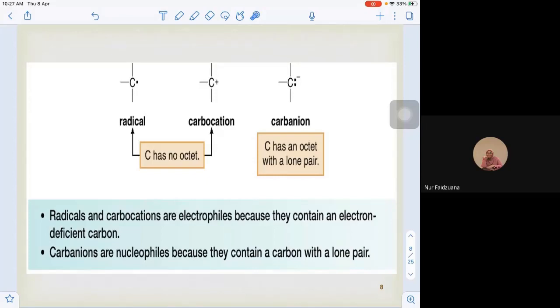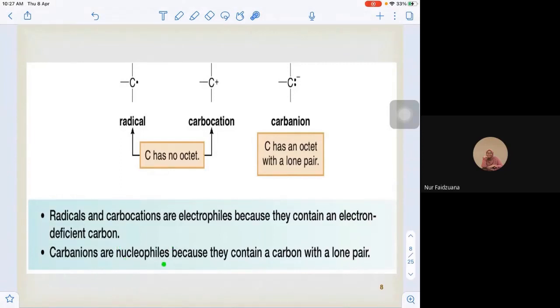As for this carbanion, it is categorized as a nucleophile, nucleus lover, because they contain a carbon with a lone pair. Those that have extra electrons will be looking for those that lack electrons. That is why the name is nucleophile.